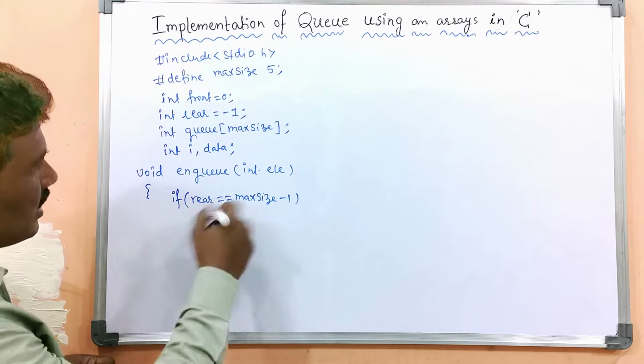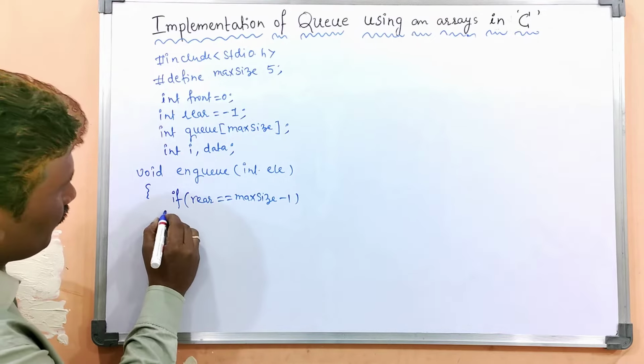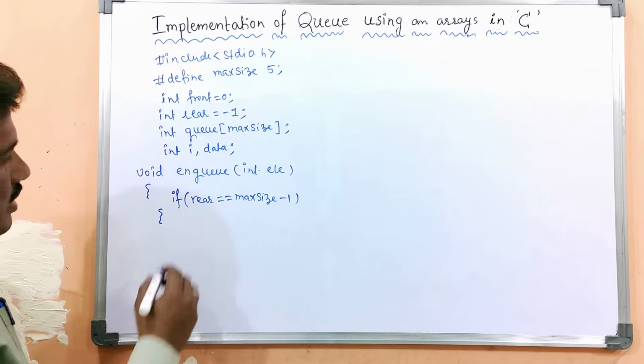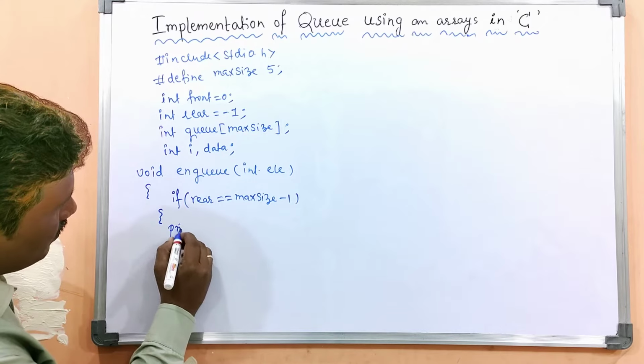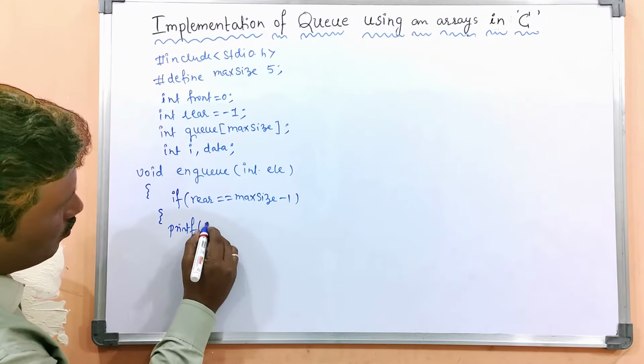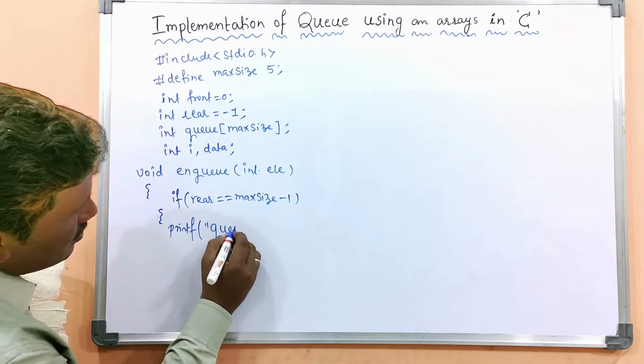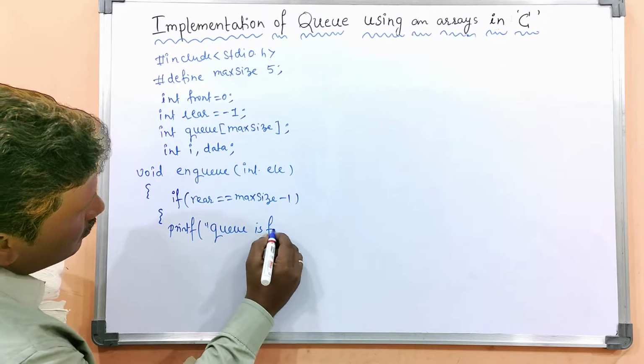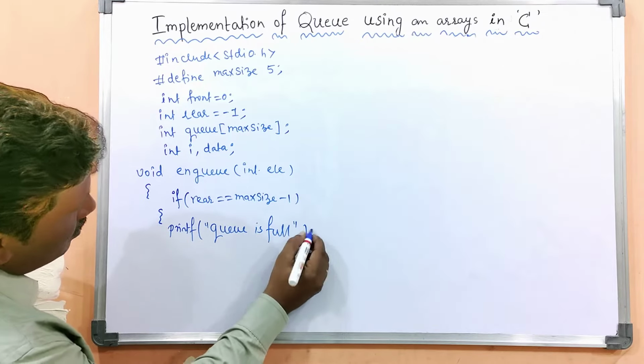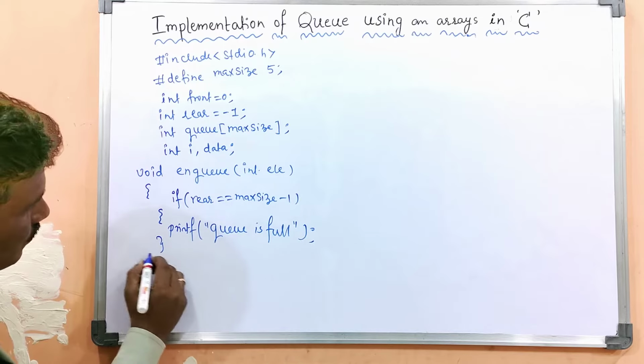Okay, I will explain this one. Then printf, queue is full. You show the message queue is full.